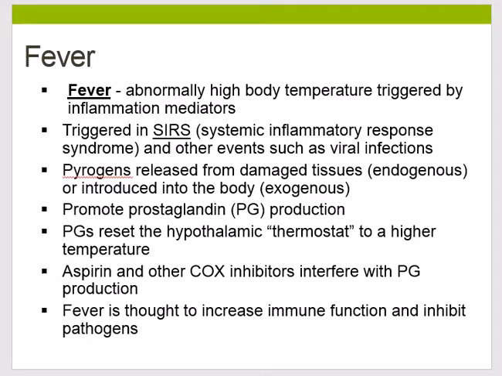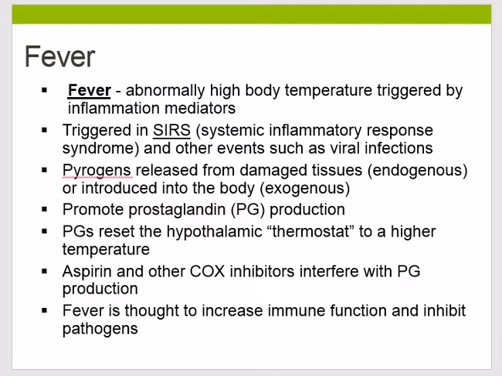And it is specifically pyrogen molecules that trigger this fever response. Pyrogen molecules trigger this fever response when pyrogen is released from damaged tissues, or if it's introduced into the body, say in the form of a bacteria. Whenever you hear the word endogenous, we're just referring to originating within the body, and exogenous referring to originating from outside of the body.